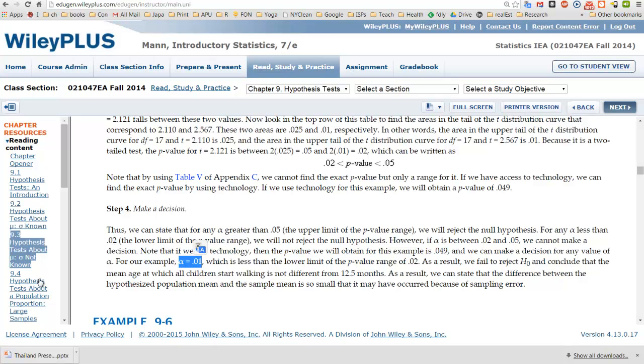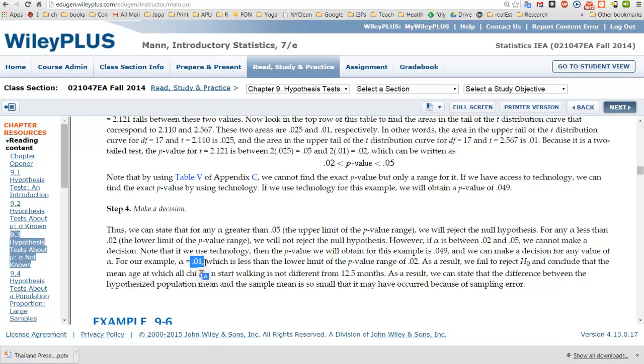The smaller the p-value, the more likely we are to reject the hypothesis. But of course you have to say exactly. If your alpha is 5%, if you're doing a 5% test, then if the p-value is less than 5%, you'll reject.